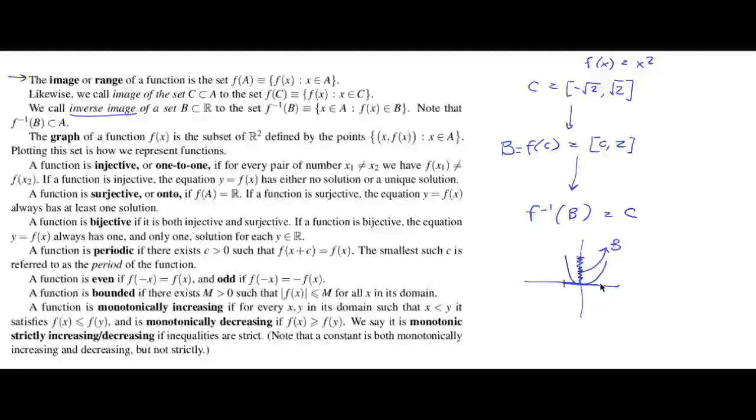This is the set B. This is C, the domain or subdomain. This is the range of C, or the image of C, and then the inverse image of B is the set C that gives you this B when you map it by f. So you map it by f and then you go back to the domain. That's why the inverse image of B is a subset of the domain.